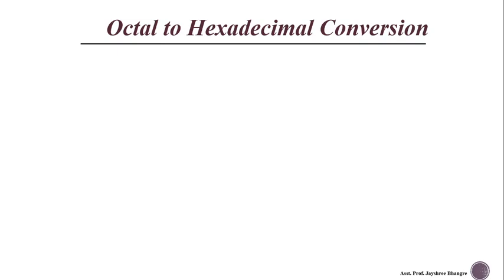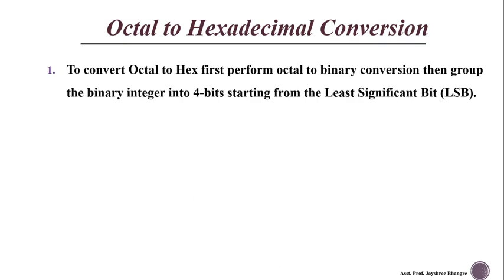The next conversion is octal to hexadecimal conversion. To convert an octal number to hex, first we have to perform the octal to binary conversion.